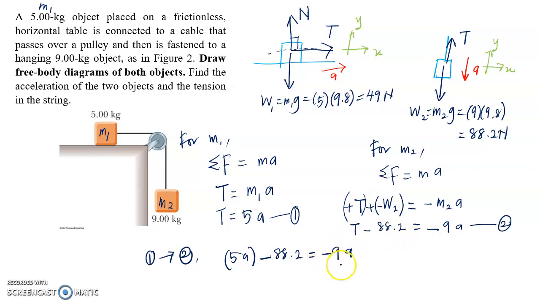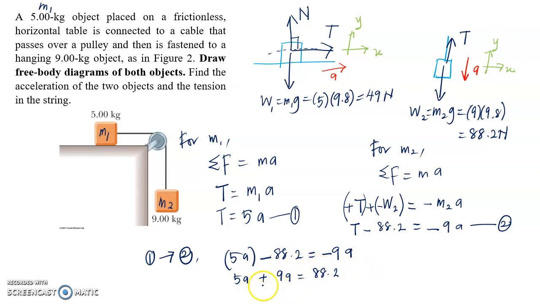So I'm going to bring negative 9a to the left hand side of the equation, so it will be 5a plus 9a, and then negative 88.2, I'll be putting at the right hand side of the equation. So it will change its sign from negative 88.2 to positive 88.2.